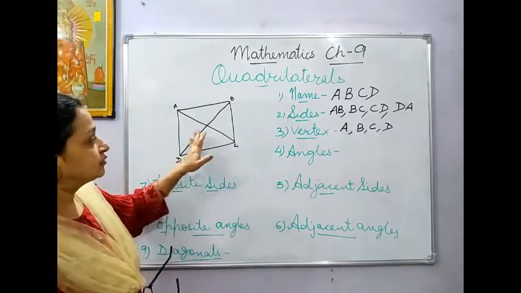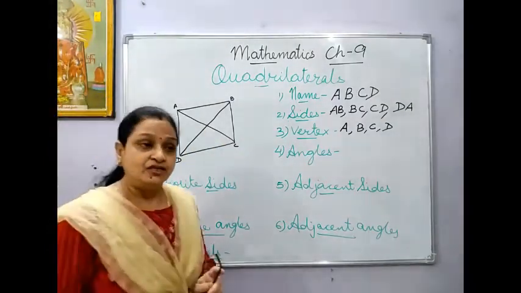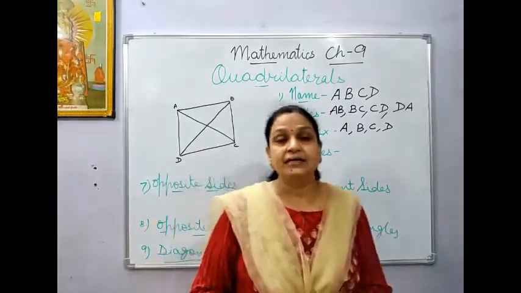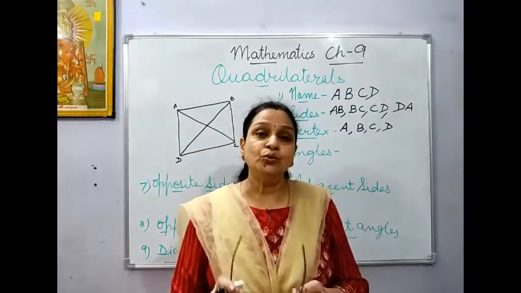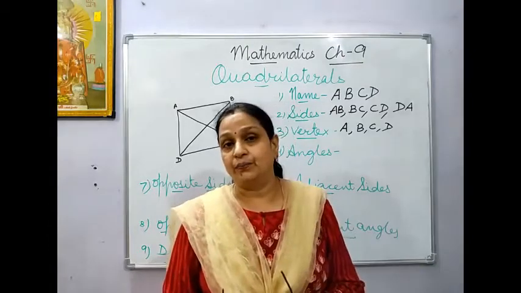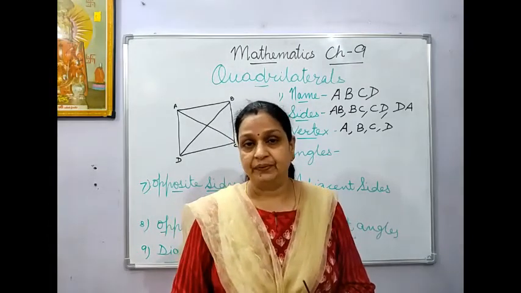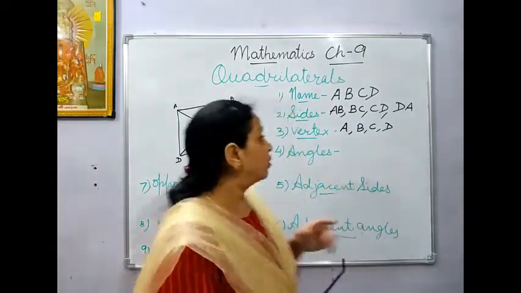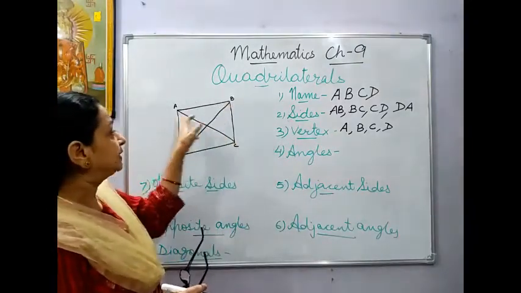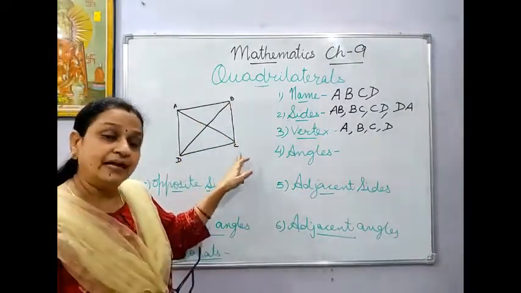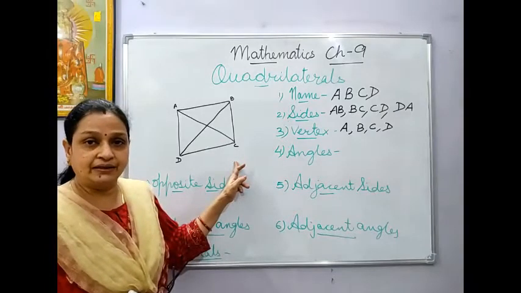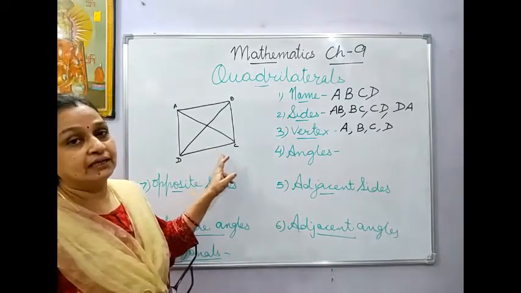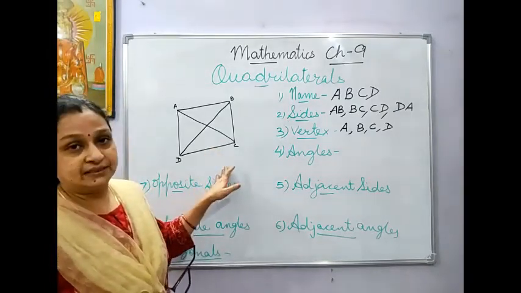Now we come to the next part, that is angles. Children, when we studied about angles, we have seen when 2 lines meet at a common point, they form an angle. Isn't it? So here also the lines are meeting at some common point. That means they must be forming some kind of angle. So now we will see what are the angles present here.